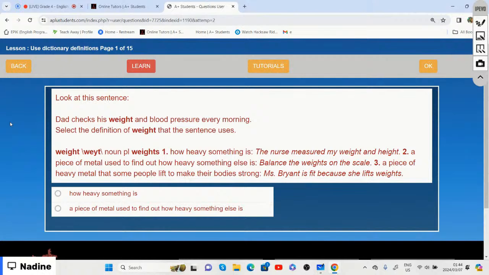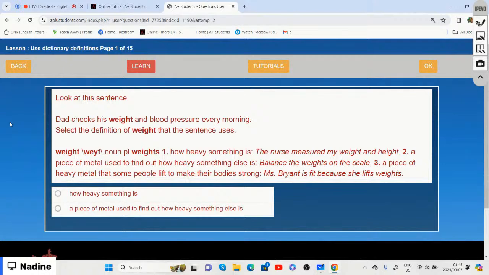So if we look at the word weight, it says dad checks his weight and blood pressure every morning. And if we look at that word weight, then that weight means how heavy something is. So if we look at the sentence, we need to say which word matches the definition.